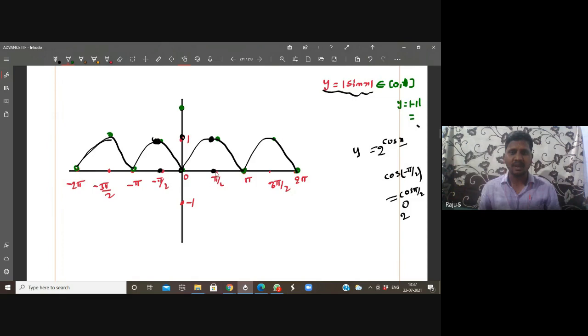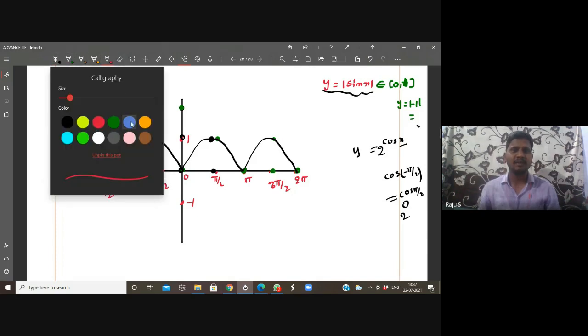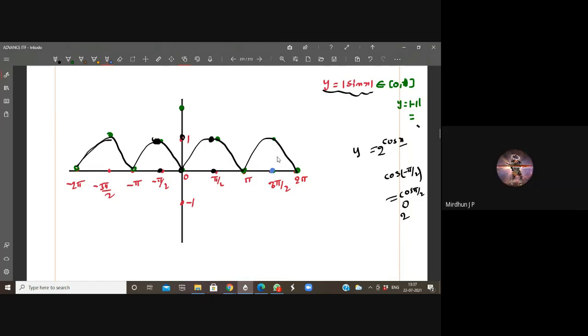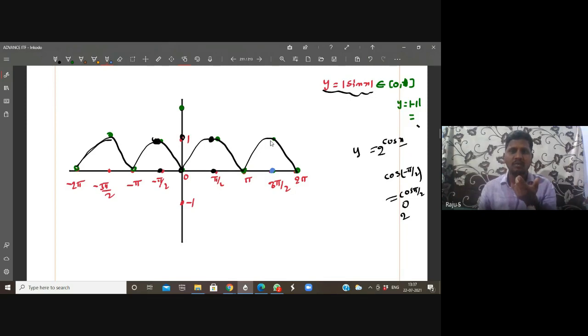When x is 90, y is 1. When x is minus 90, y is 1. But when x is 270, what is cos 270? Same as cos 90, so 0, and 2 power 0 is 1. Okay, 90, 270, minus 90 and minus 270.